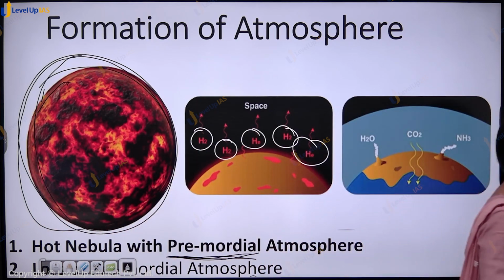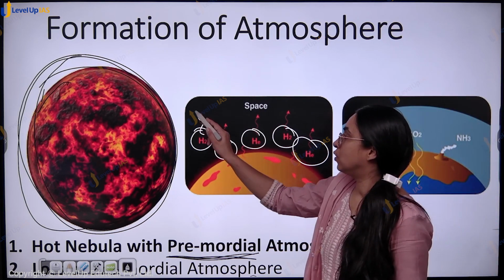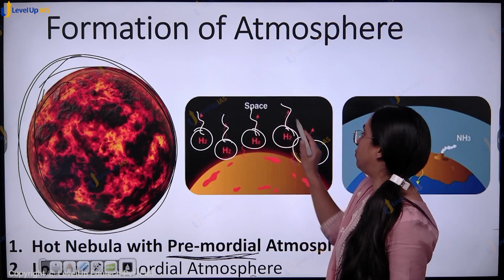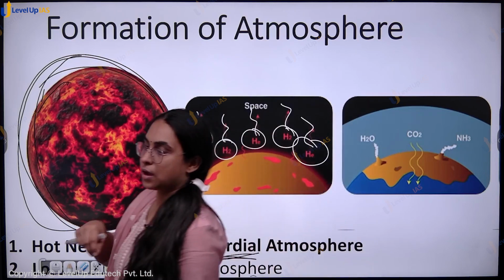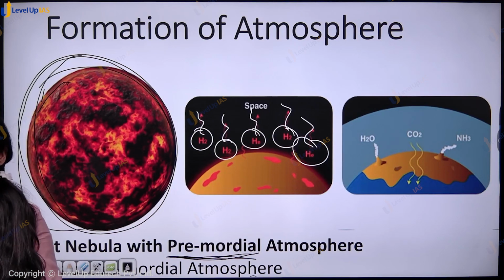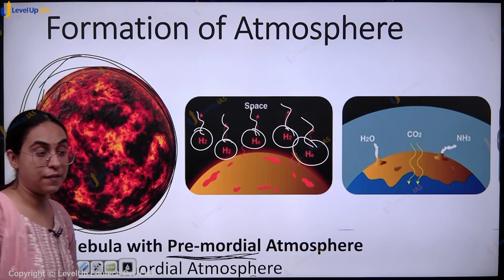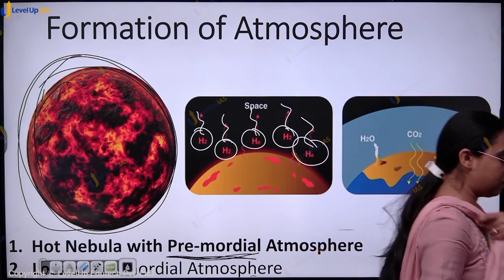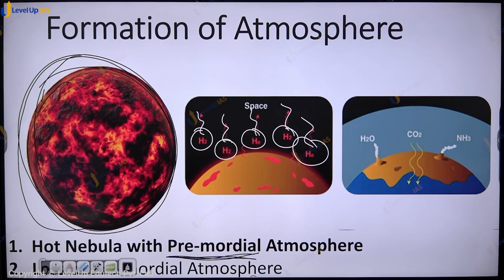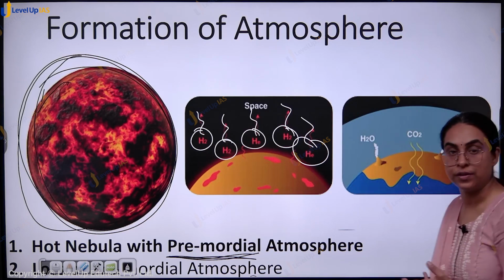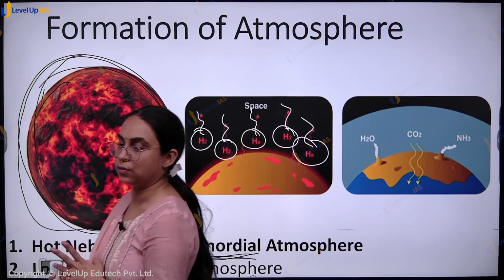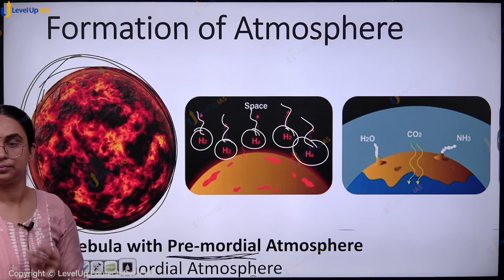The second stage is loss of the primordial atmosphere because of the effect of the solar winds.